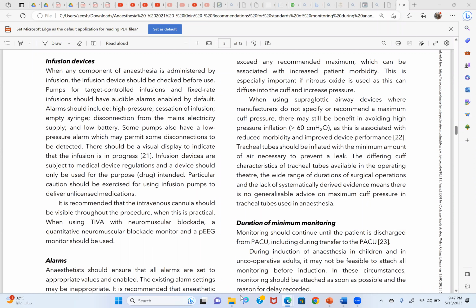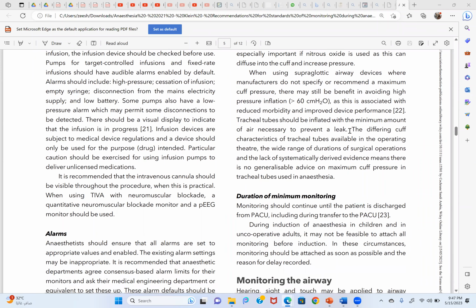Similarly, if you want to decrease the depth and you don't increase the flow, because nothing is going out, everything is being circulated, it will take a lot of time for the effect to wean off. So in that scenario, you need to increase the flow. If you still don't understand, drop me a message and I will explain further.